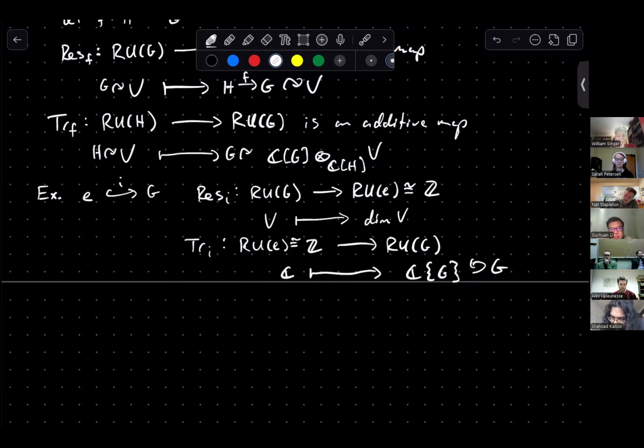Oh yeah, there's one other example that I want to do. What if I have a surjection? Now this is a good exercise.